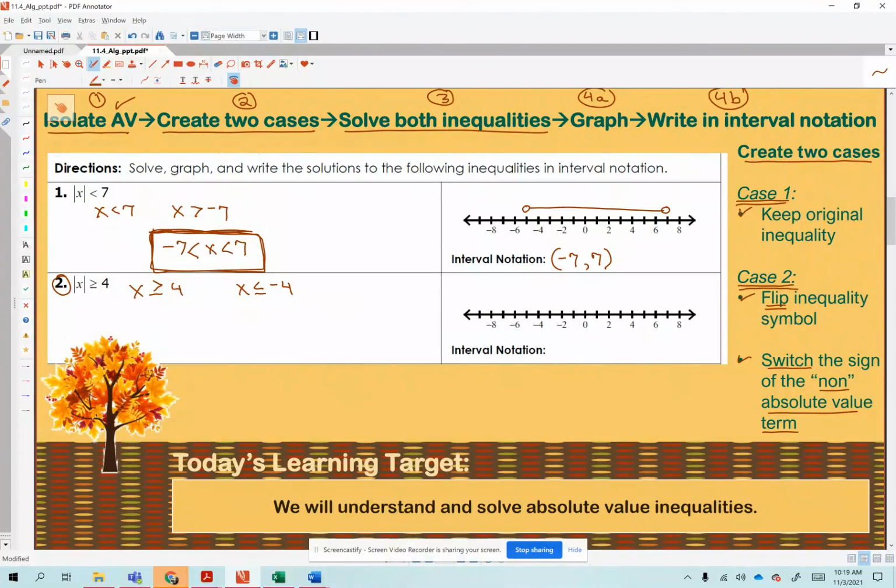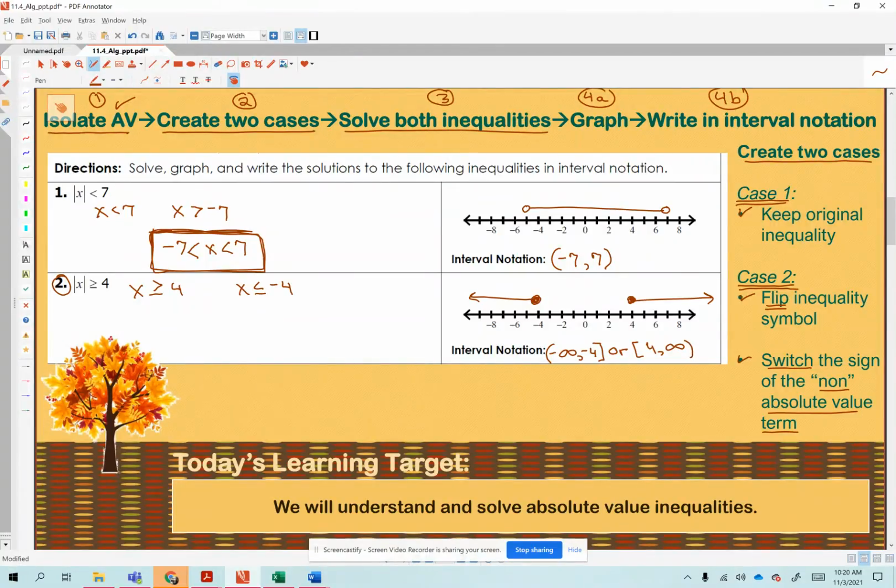Sometimes it's easier to graph next. So if x is greater than or equal to 4, I have a solid dot on 4, and my graph extends to infinity. If x is less than or equal to -4, I have a solid dot on -4, and my graph extends to negative infinity. In my interval notation, open parenthesis, -infinity, comma, -4, bracket, then the word or, bracket for that solid dot, 4, comma, infinity, parenthesis.